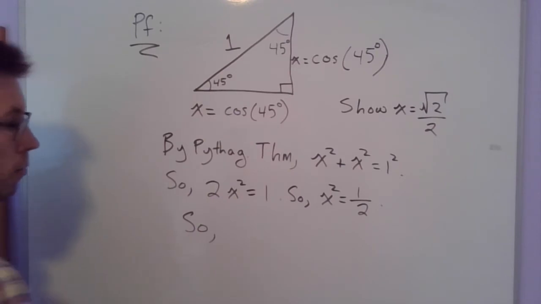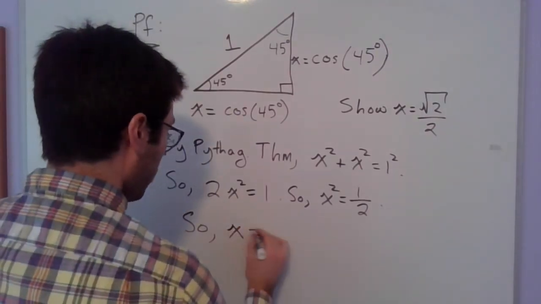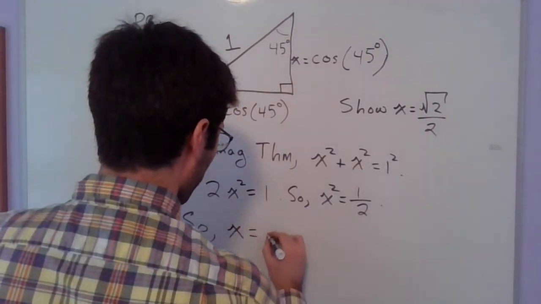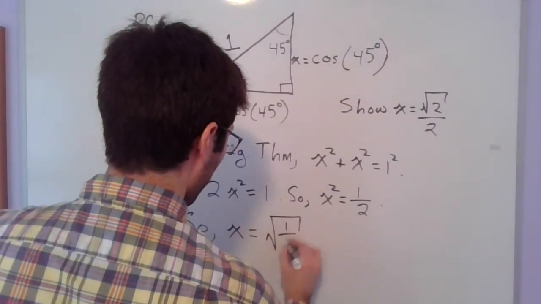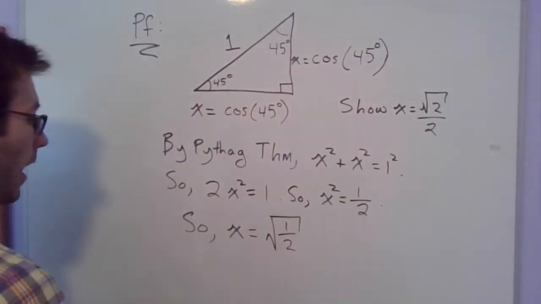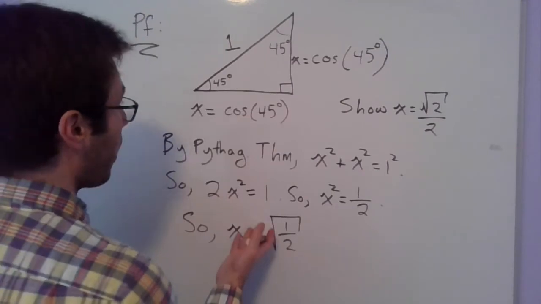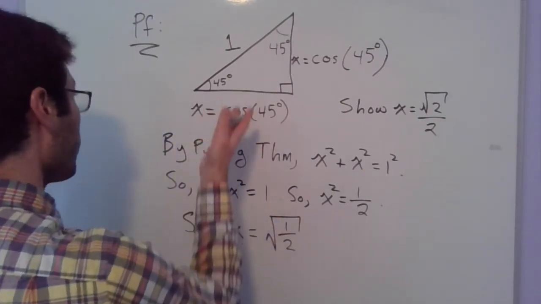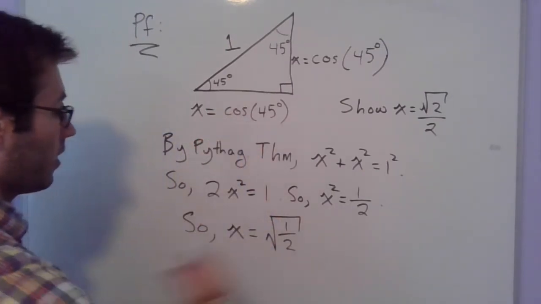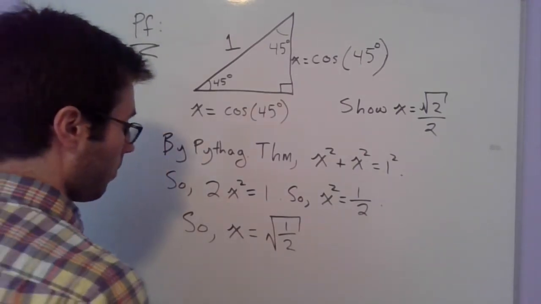If I take the square root of both sides, I get x is equal to the square root of 1 over 2. And I don't have to worry about the negative possibility here because it's clearly going to be positive. So I can ignore that case safely.